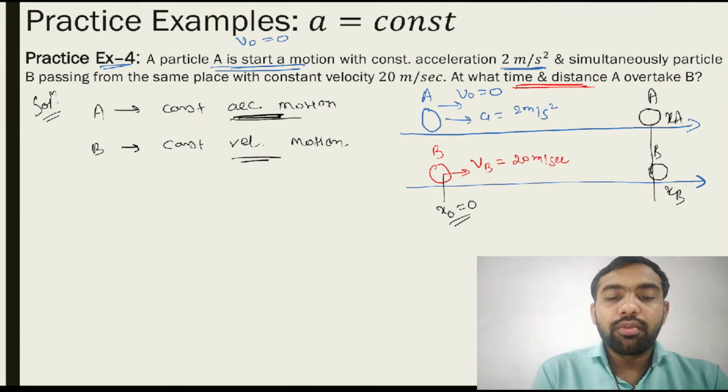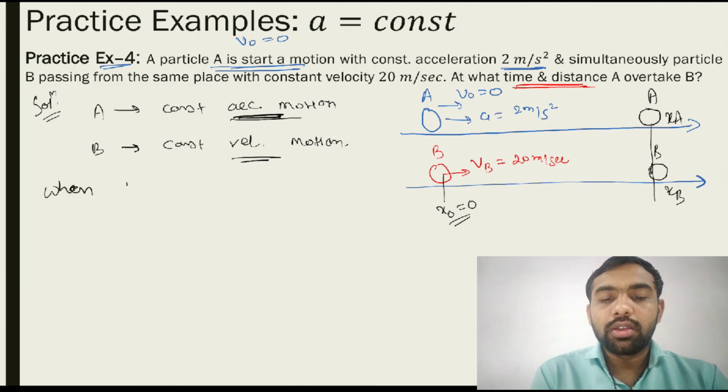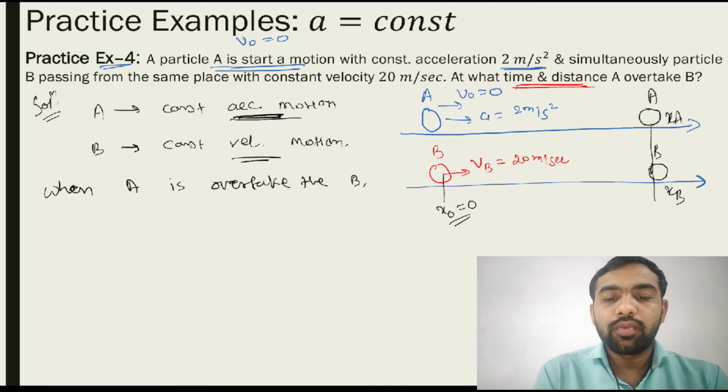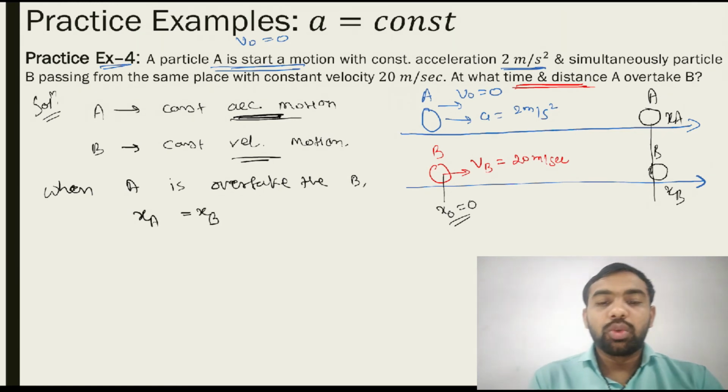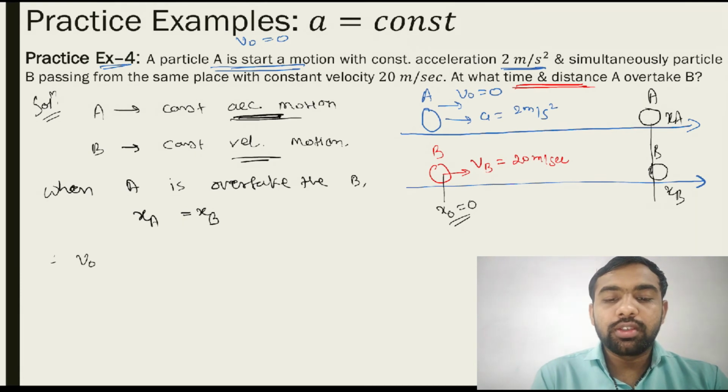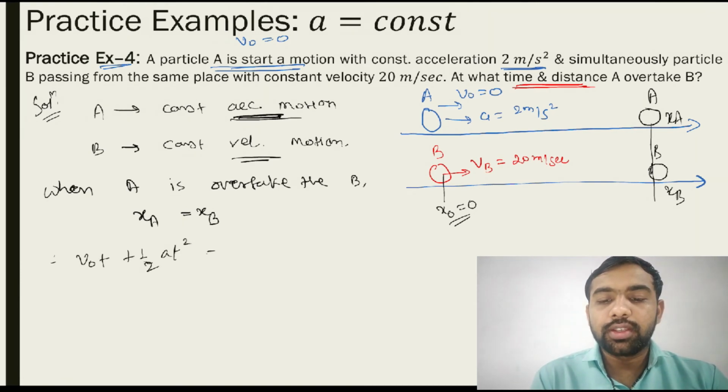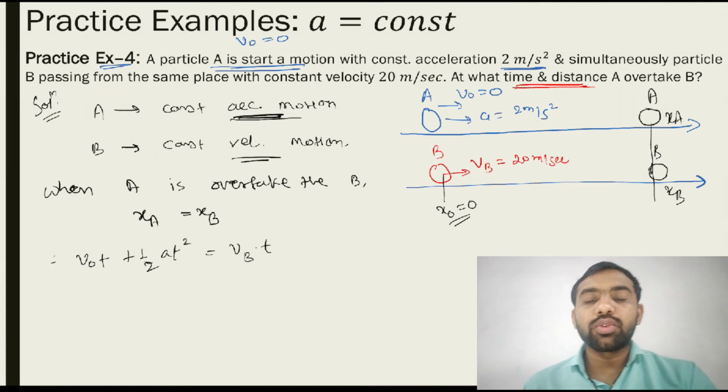So here when A overtakes the B, XA is equal to XB. So put this value. V0t plus 1/2 at square is equal to VB into t.